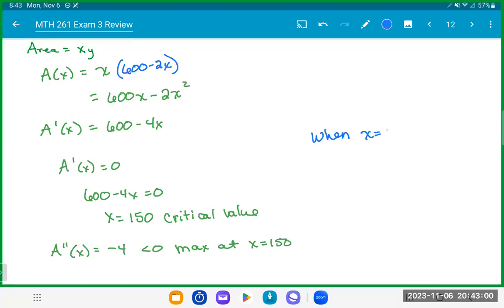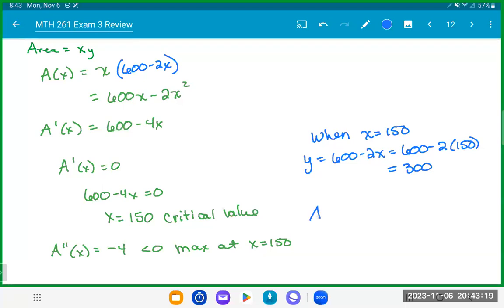When x equals 150, my y equals 600 minus 2 times 150, so that equals 300.